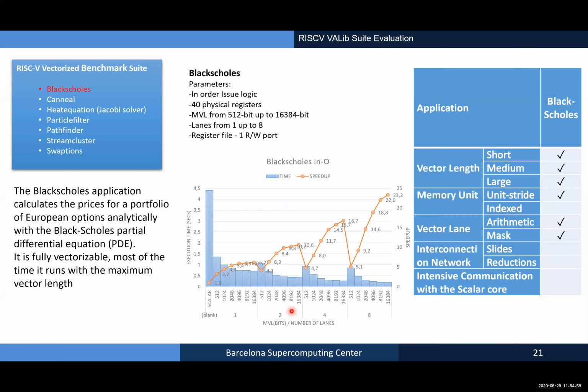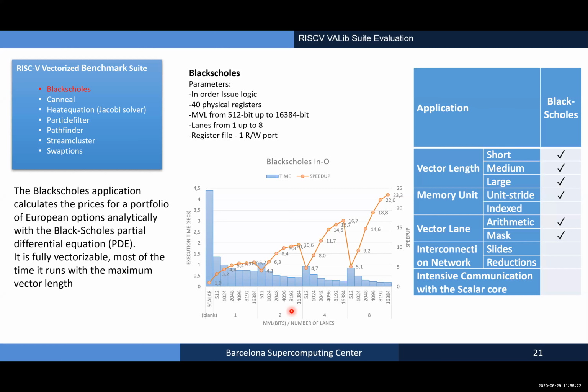The parameters that we simulated were in-order issue logic, 40 physical registers, maximum vector length from 512 bits up to 16K. Lanes we varied from 1 to 8, and the register file has 1 read-write port. So in the interest of time, I will go quicker here.